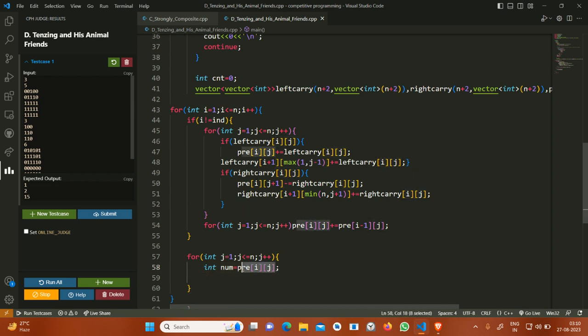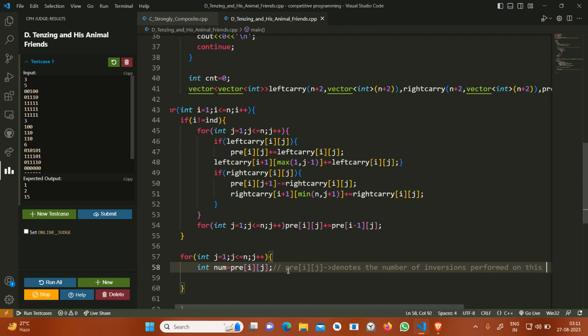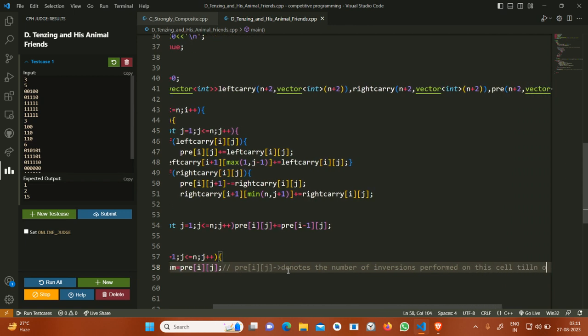What is the prefix? It means the number of operations performed on this cell till now. So prefix of i j denotes the number of inversions performed on this cell till now.